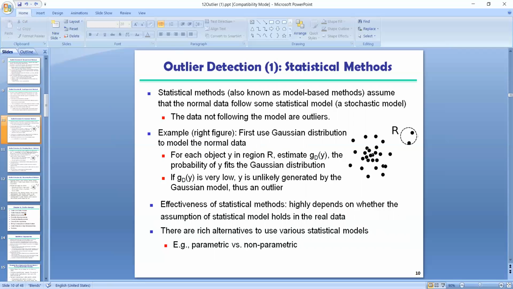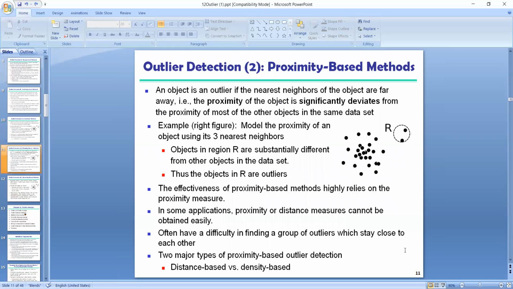So we can see in this figure, all these points are following a pattern, or we can say that it is following a Gaussian distribution, and whatever is not following that distribution, we can call it an outlier. So the effectiveness of statistical methods highly depends on whether the assumption of the statistical model holds in the real data. So there are rich alternatives. That means the statistical method itself has two categories, parametric and non-parametric.